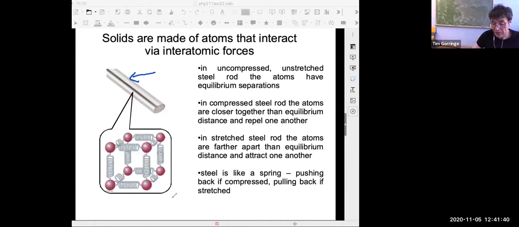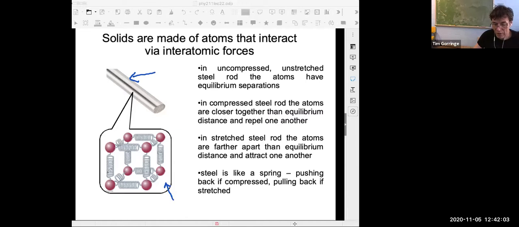And downstairs here, if I was to look inside the solid steel rod with my microscope, I would see all the atoms and molecules of the steel rod. And so that's pictured on this little view here. In magenta are the atoms and molecules of the steel rod or the plastic rod or the aluminum rod.